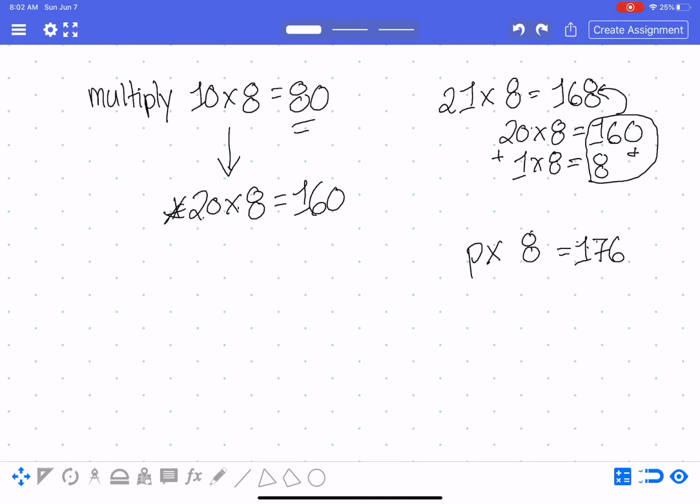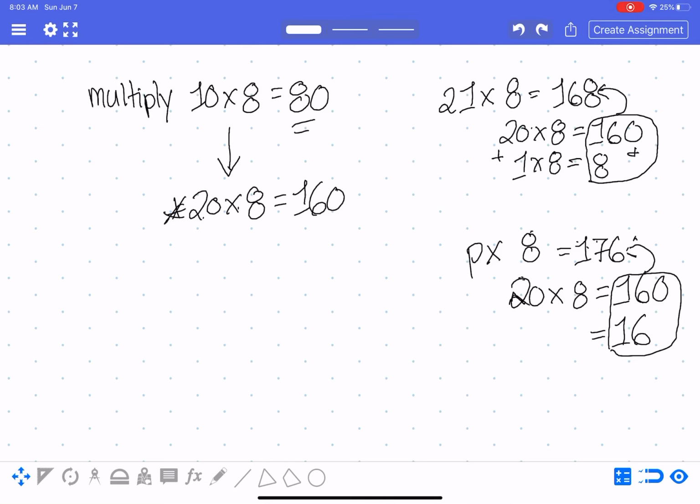So again, we already know that 20 times 8 is 160, right? Now, how much is left from 176 to 160 if you subtract the two? Okay, I hope you said 16. Right, so 16 is left, because if you add these two numbers, you get 176, right?